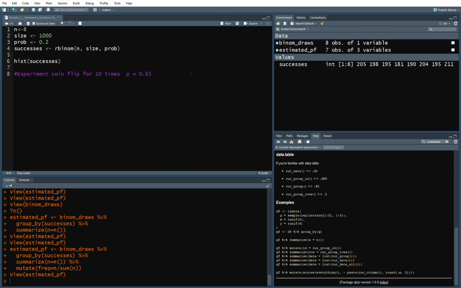Now what we need to calculate is the probability of getting exactly 7 heads in 10 flips. How do we do that? We have a function called pbinom.